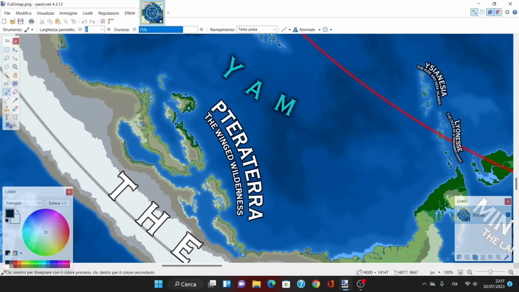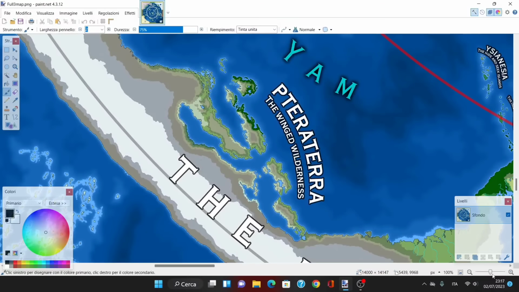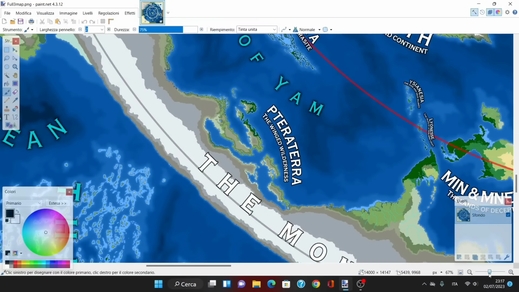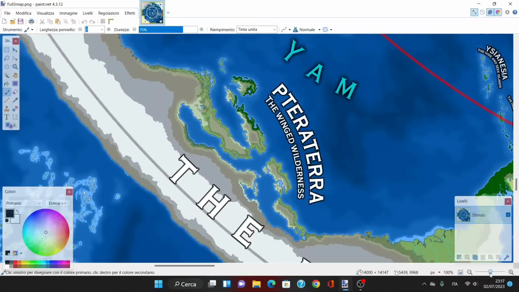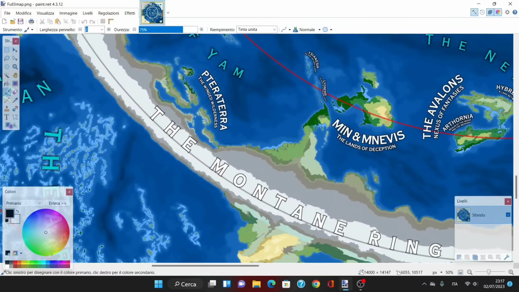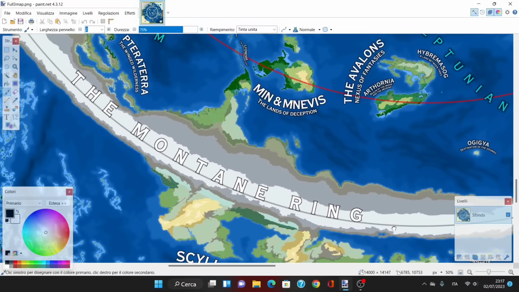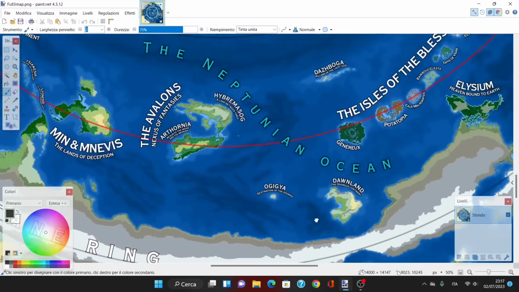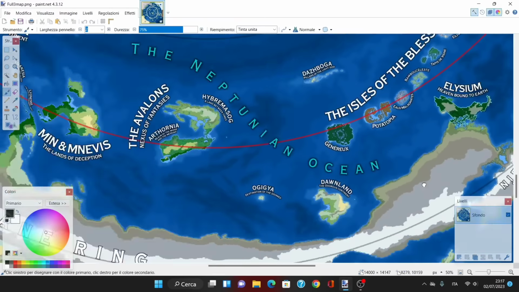And Ptera Terra was in fact originally, in the map we focused on last time, basically kind of an island chain or something like that, but as we can see here, it is part of the second ice walls, which by the way are called the Montane ring. I'm not really sure how to pronounce this, honestly.